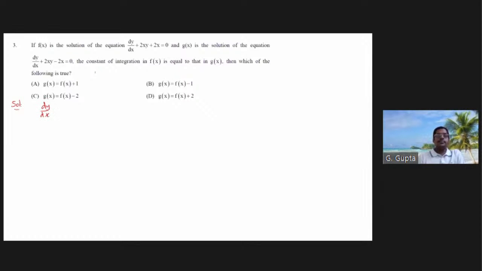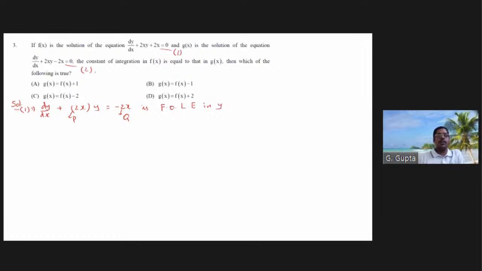Dy by dx. So this is 1 and this is 2. So 1 implies dy by dx plus 2x into y can be written as equal to minus 2x. Okay, so this is P and this minus 2x is Q, a first order linear equation in y.